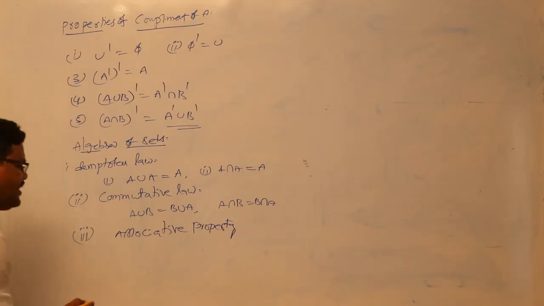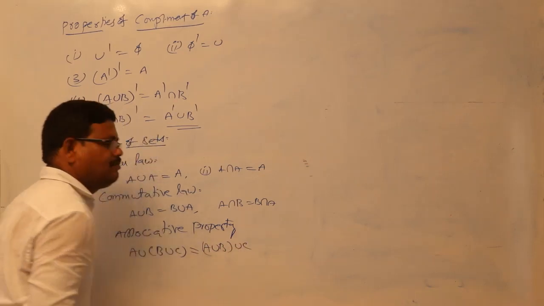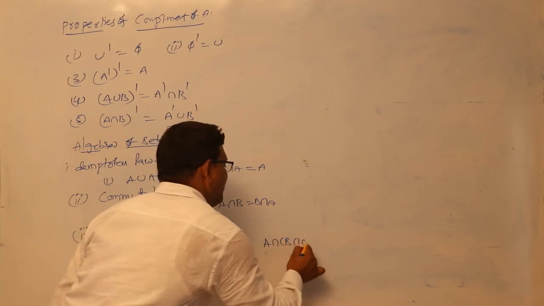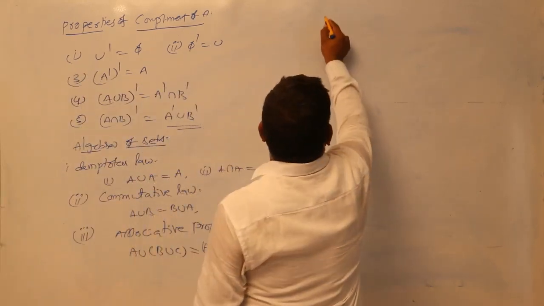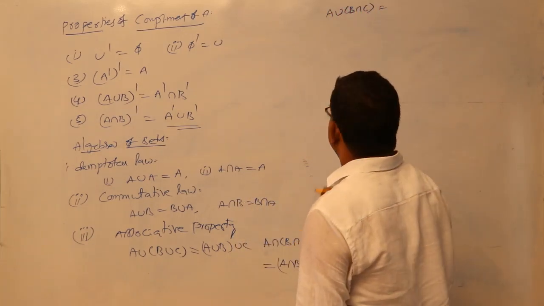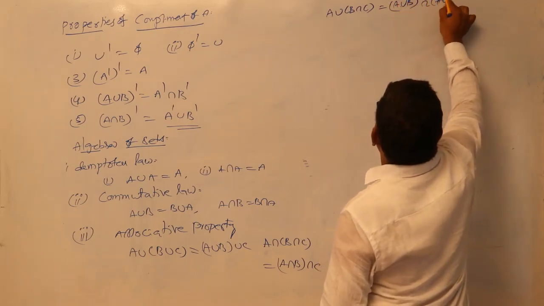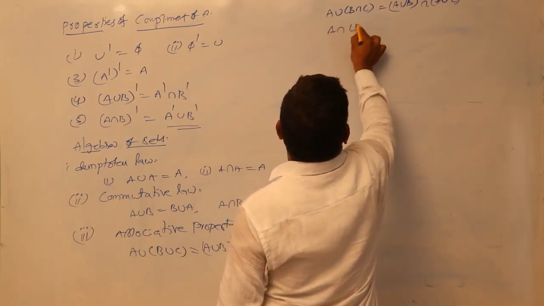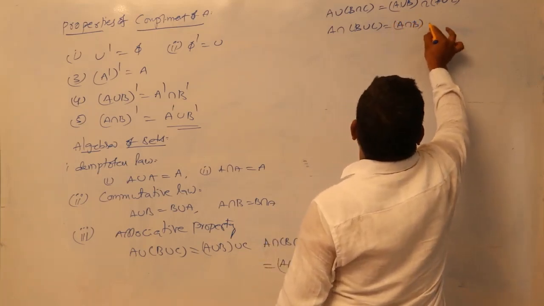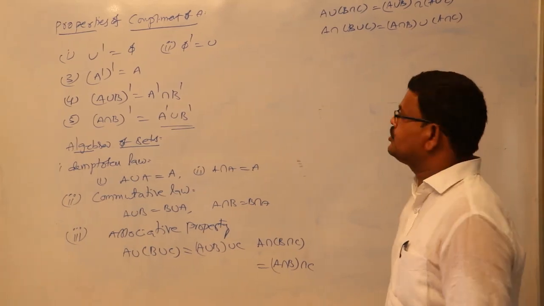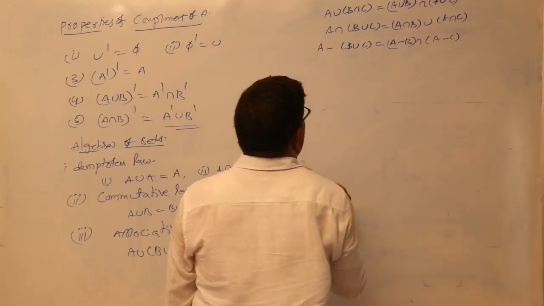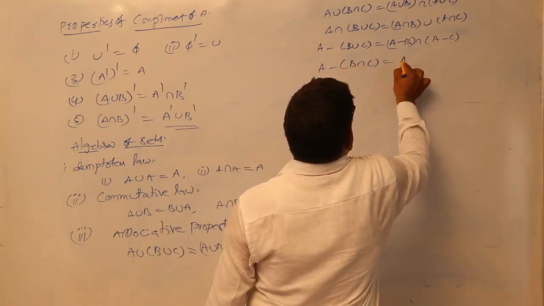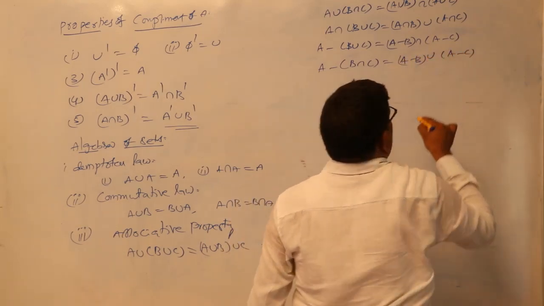If A, B, C are three sets, A union of B union C equals A union B union C. Similarly, A intersection of B intersection C equals A intersection B intersection C. Then A union of B intersection C equals A union B intersection A union C, and A intersection of B union C equals A intersection B union A intersection C. Also, A minus of B union C equals A minus B intersection A minus C, and A minus of B intersection C equals A minus B union A minus C.